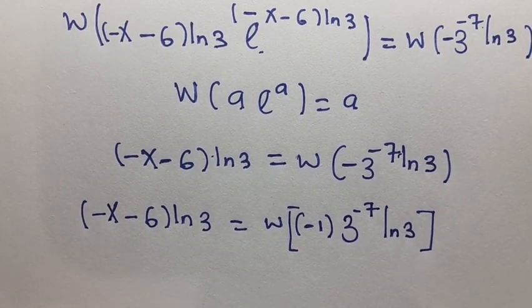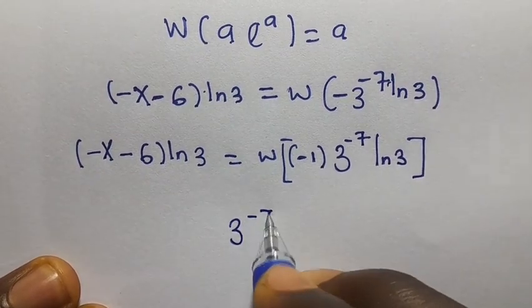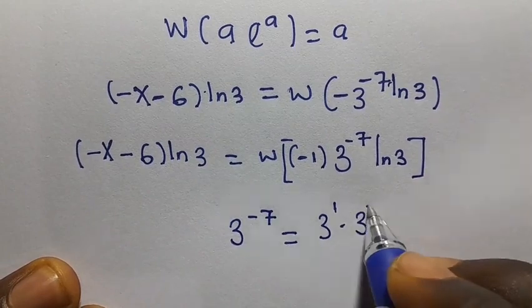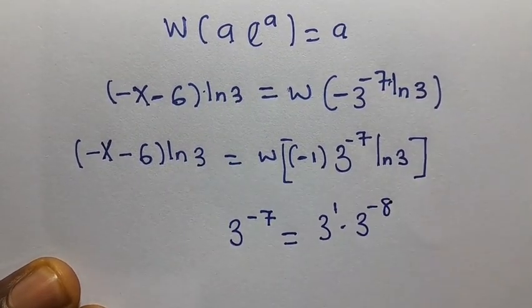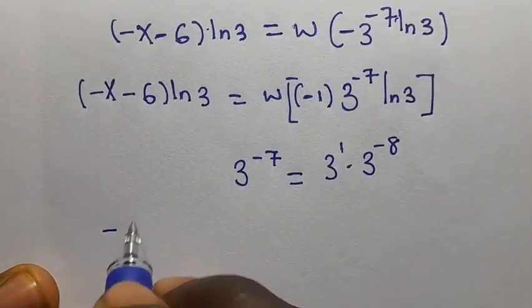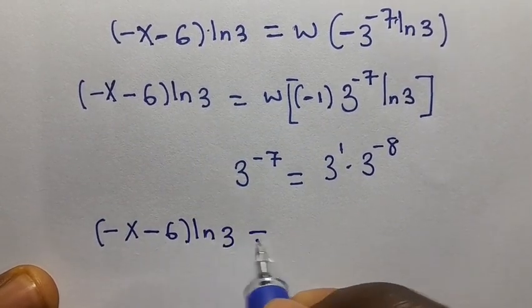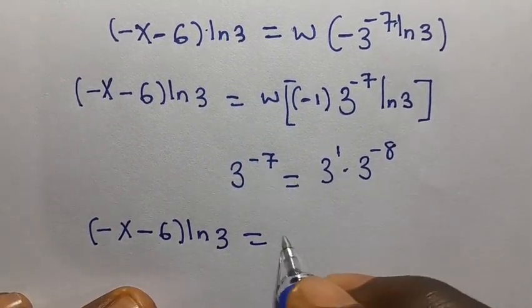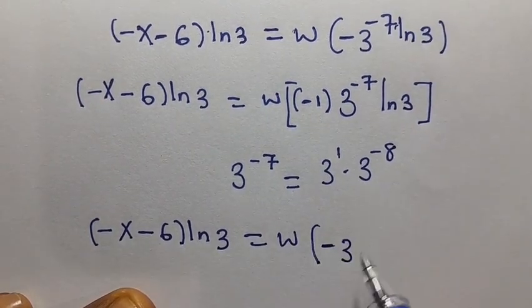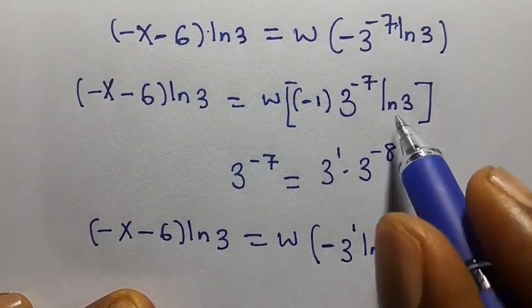But note that 3 raised to power minus 7 is equivalent to 3 raised to power 1 dot 3 raised to power minus 8. Now, from here we are going to have minus x minus 6 ln 3 to be equals, here we have minus 1, will now be minus 3 raised to power 1 ln 3.